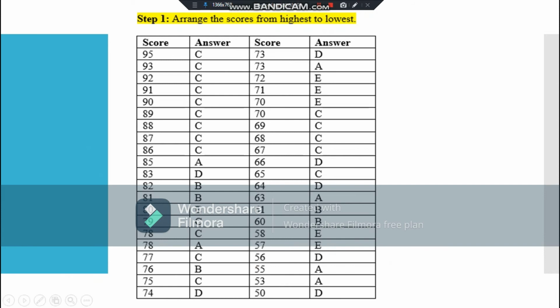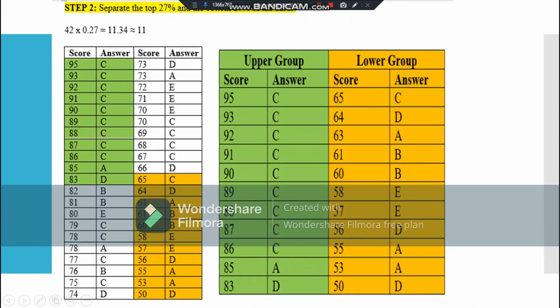Okay? For that item, still item number 18. So the next step is again to separate the responses into 27% for the top and 27% from the bottom. To do this, we have to multiply 42, since there are 42 students, with 0.27.